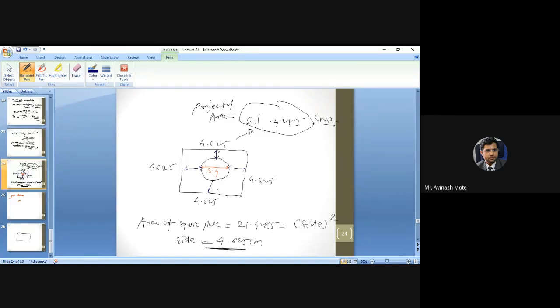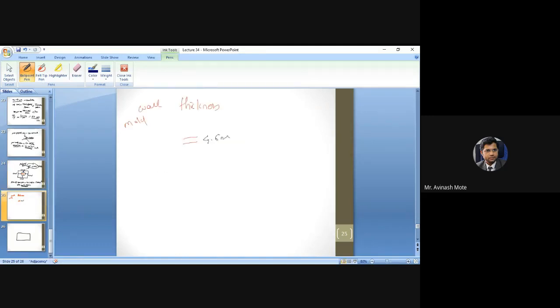You know the larger size 4.625 and the internal dimension 3.4, so just subtract: 4.625 minus 3.4 comes to 1.225 centimeter.